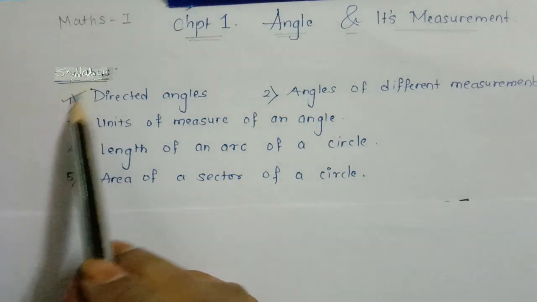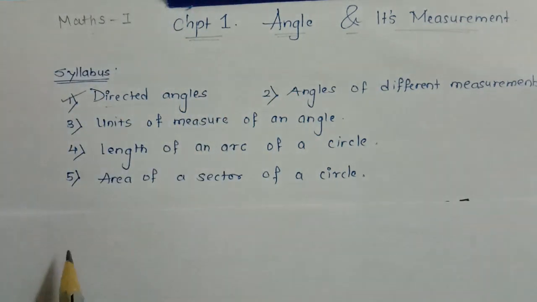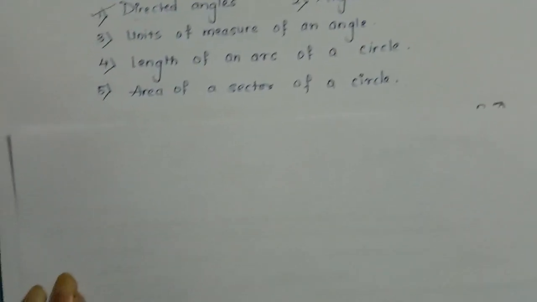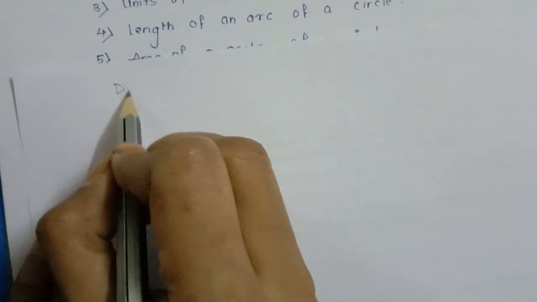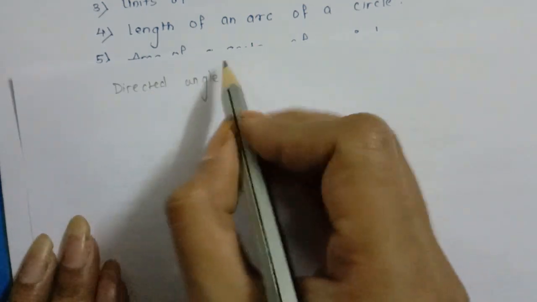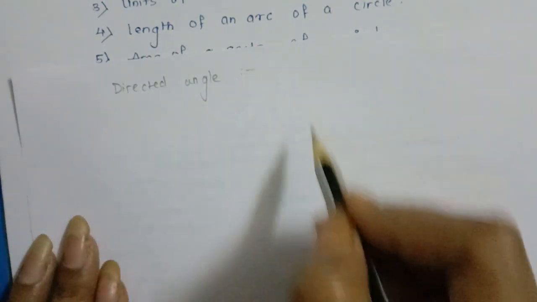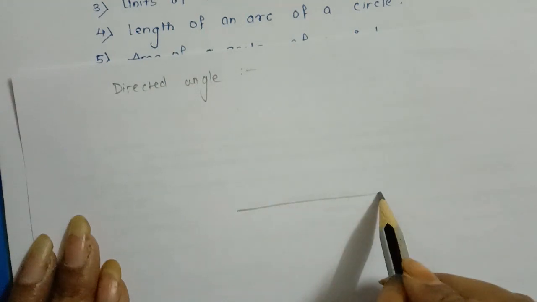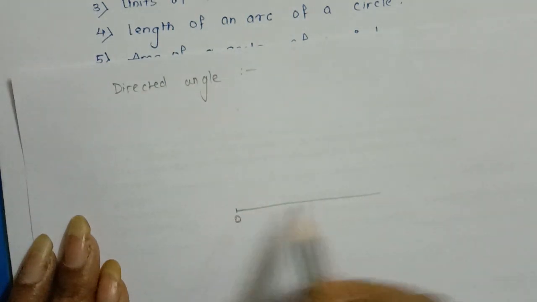So let's start with the first one, that is directed angle. Now let's see what is directed angle. Let us consider one initial ray OX.